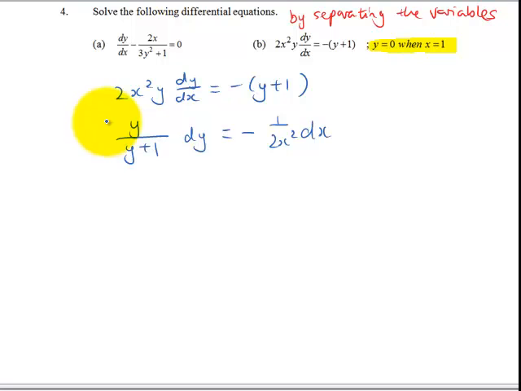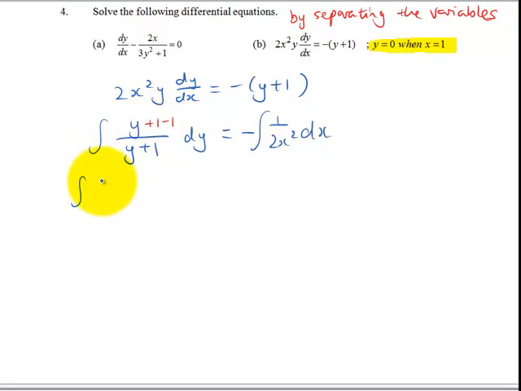So now I can integrate both sides. To integrate the left hand side where you have y over y plus 1, notice that this is an improper fraction, an improper rational expression. So you can actually perform long division, but I'm going to just use a simple trick: plus 1 and minus 1.